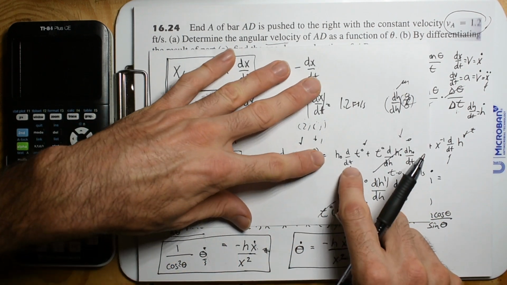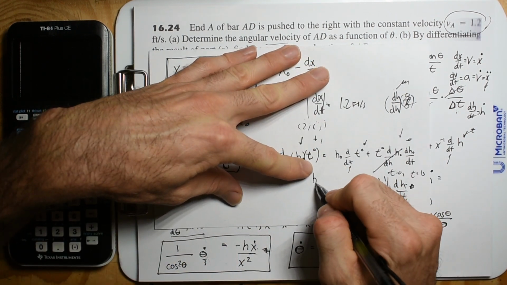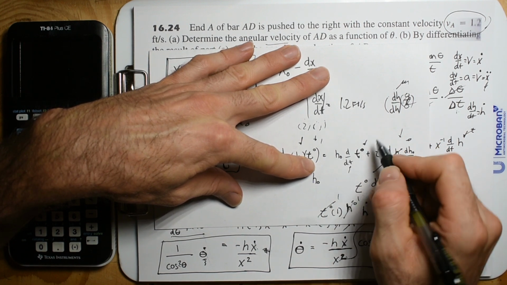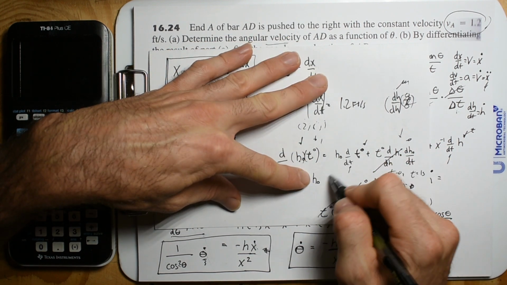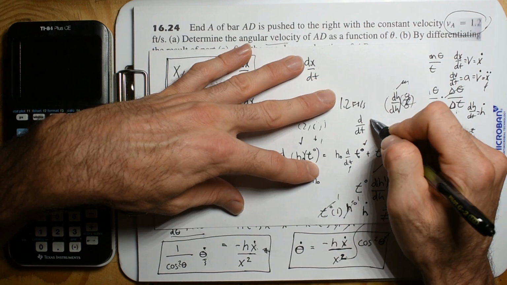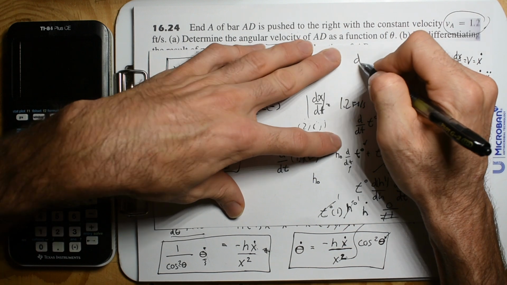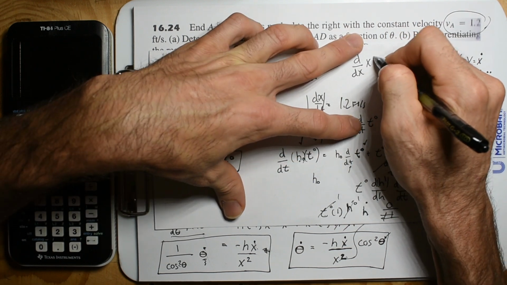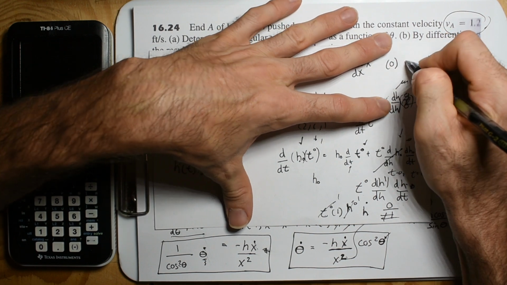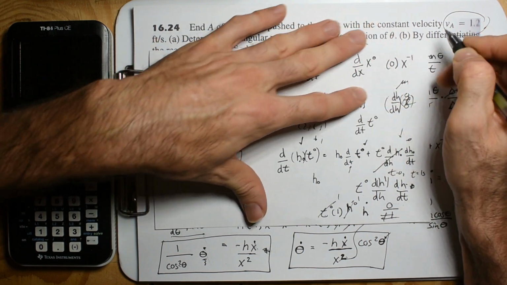So let's go back to this term. We're going to have that initial h naught, and then we're going to differentiate this. So when we differentiate with respect to time, like t naught, or if we differentiate with respect to x naught, using the power rule, the 0 comes down, and then it goes x to the negative 1.